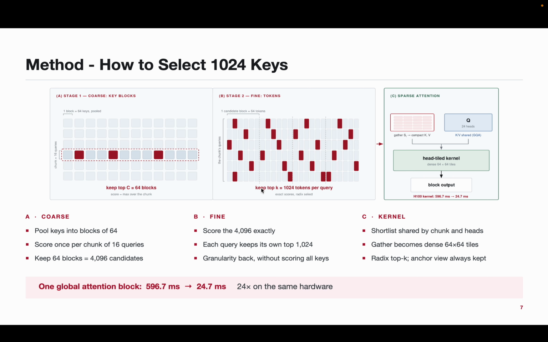And upon implementation in Triton, we see we can reduce on 512 views the dense attention, which was 600 milliseconds per global attention, to 24 milliseconds, which is a huge reduction in speed.